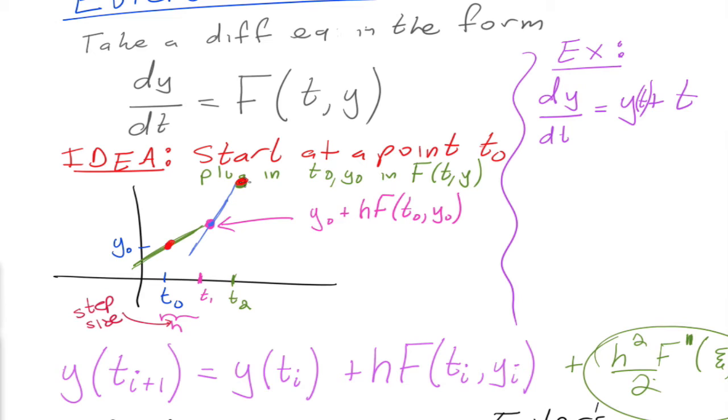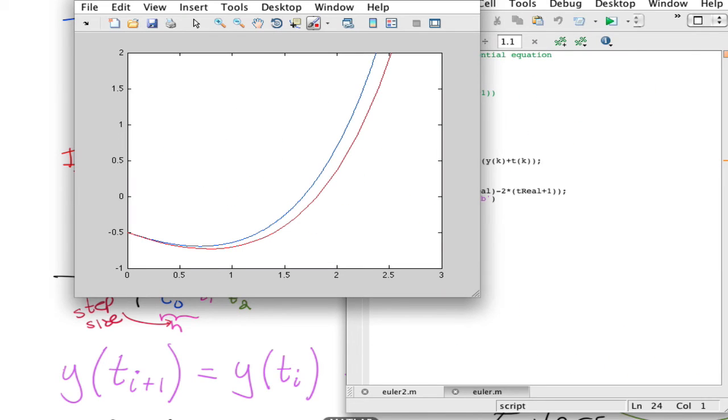Yes, that is correct. Right now, if you look at your picture again, what ends up happening is you evaluate the slope at a point and shoot off in that direction, and then you overshoot. The next one, you're already off, so you overshoot again, and again.